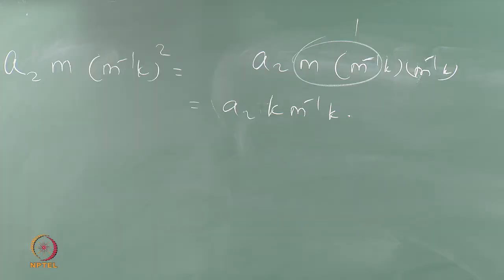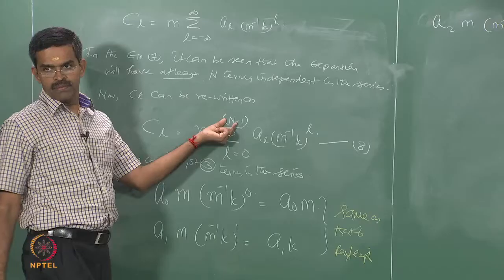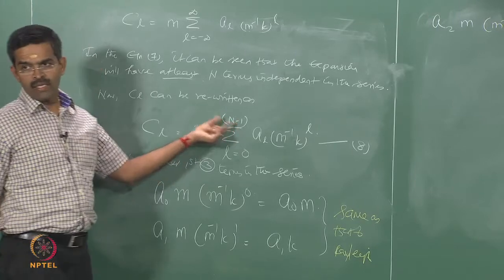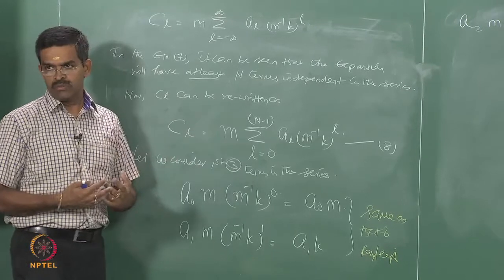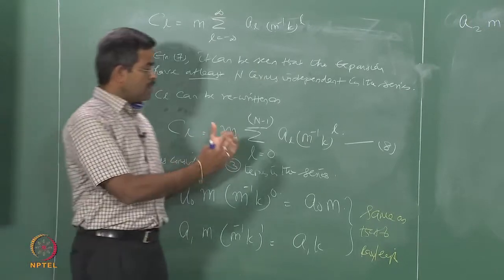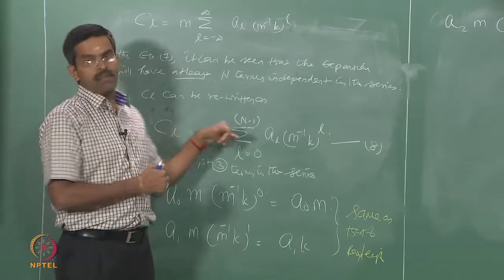So, now we have considered this to an n independent terms, but there is no guarantee, there is no necessity that in estimating the damping coefficient you must consider all the modes which are independent. You can truncate the modes to j, where j is less than n minus 1.